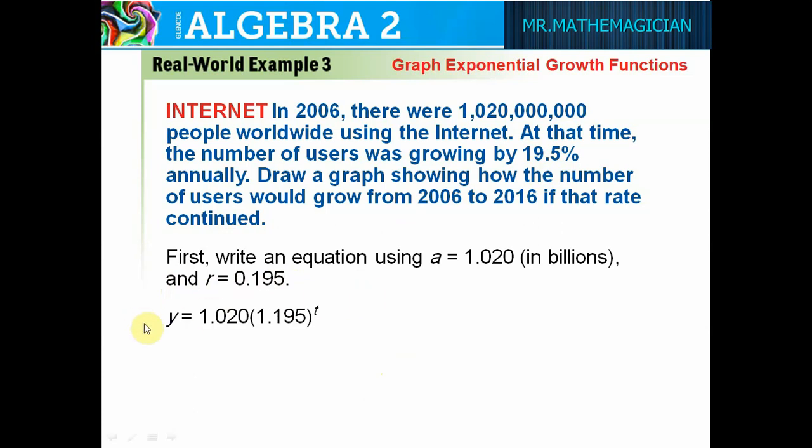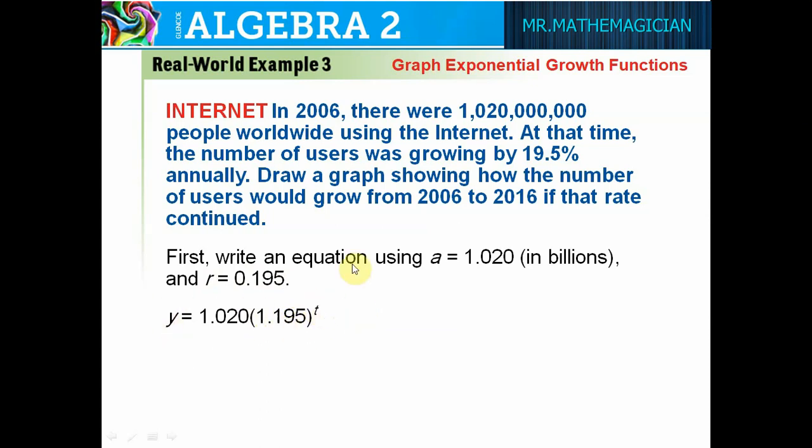Now it's y equals, this is the start A, we put the A here, 1.020, and we put the r here plus 1 because it's growth. So this value of r, we put it plus 1, means 1.195 to the power of t, which is the number of years.